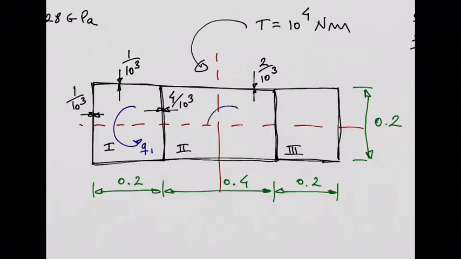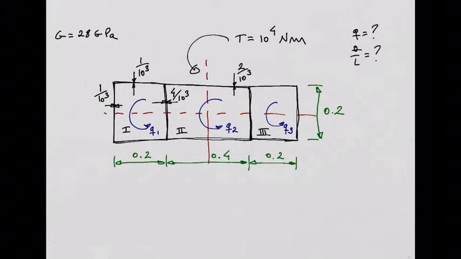In cell number 2, you will have a shear flow Q2. And in cell number 3, you will have a shear flow Q3, okay? So this is the first thing that is different when we are doing multiple cells from a single cell, which is that each cell will have its own shear flow.